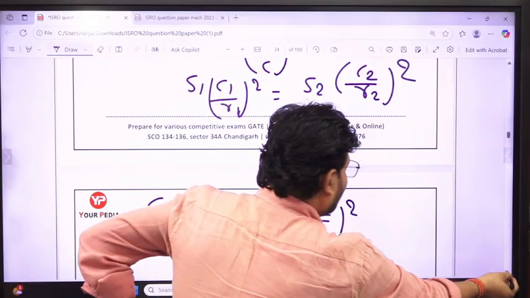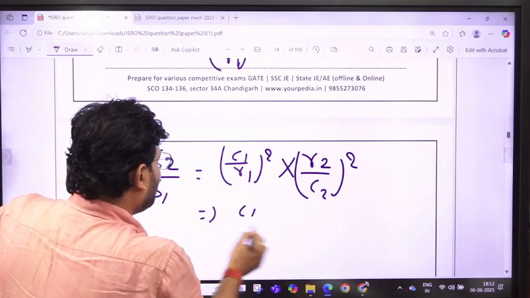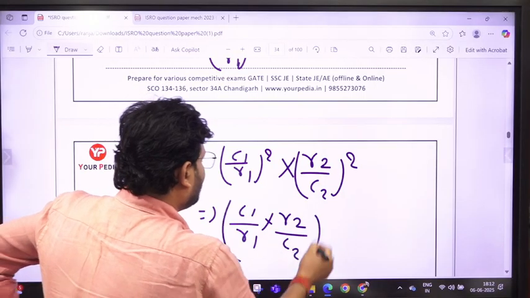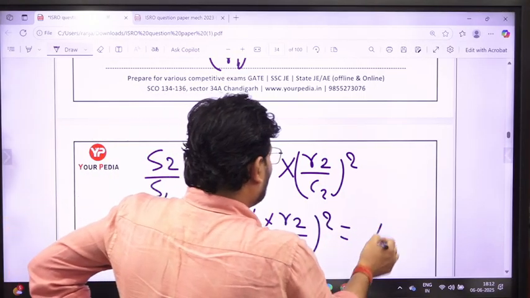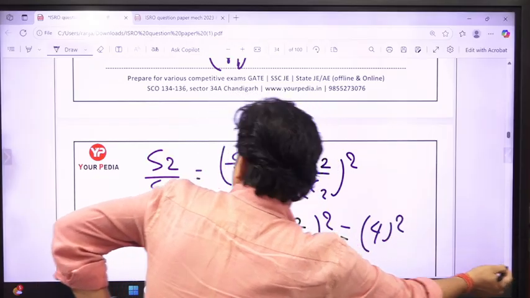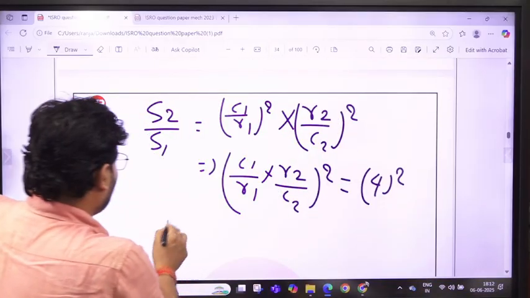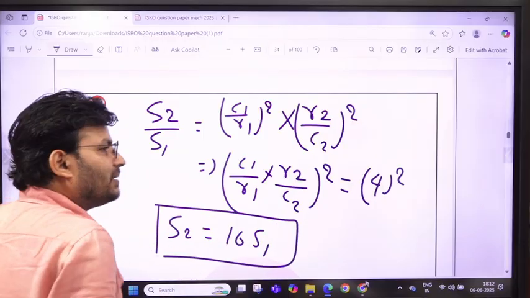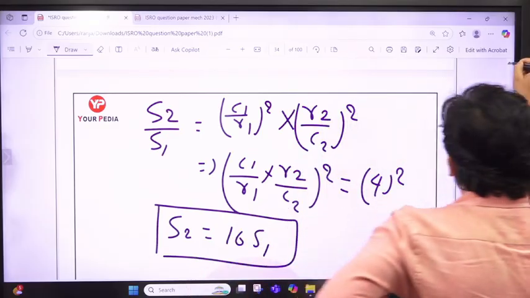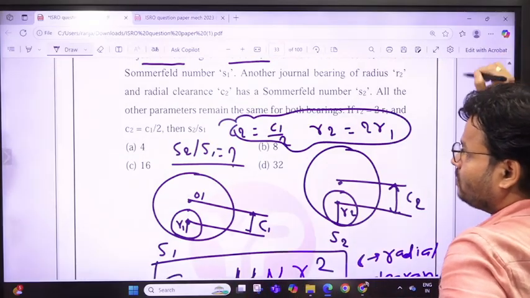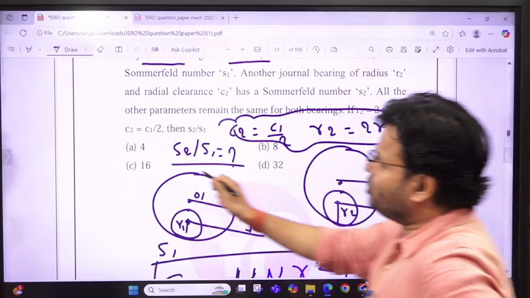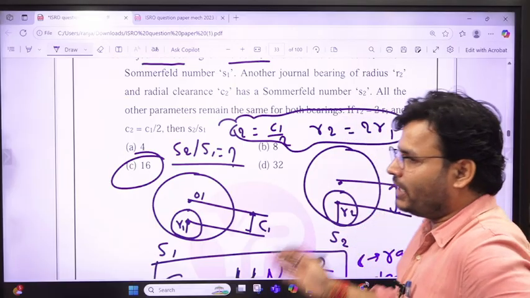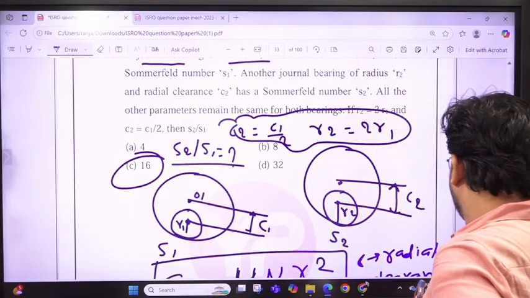Just put the values: c1 upon r1 times r2 upon c2, squared. Putting the values, it comes out to be 4 squared, which is 16. So we can say S2 equals 16 times S1. What is the correct answer? 16. You just have to calculate the ratio, not multiply, and that ratio comes out to be 16.